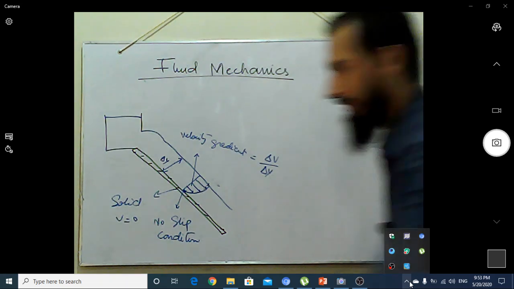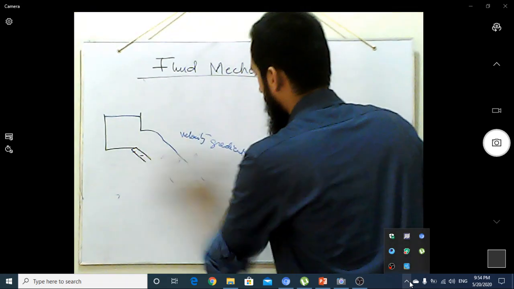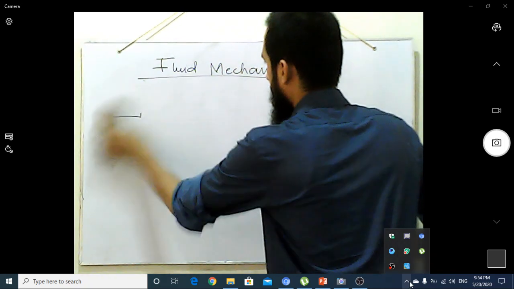Let's consider another case, as liquid flows in different patterns. This was an open channel flow.